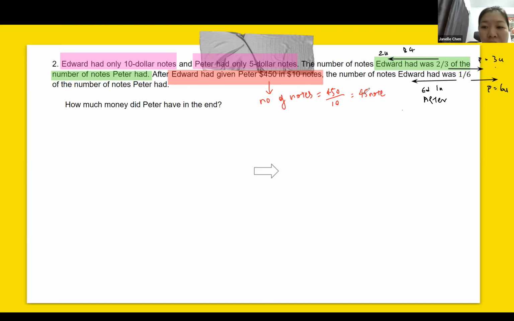So these 45 notes are what Edward gave Peter. This results in the after, whereby the ratio changes. Okay, so now we can work after understanding the question. So don't jump into the question without understanding. Don't just plug in numbers and start doing it anyhow. Do it with understanding. It will help you to be able to do it till the end.